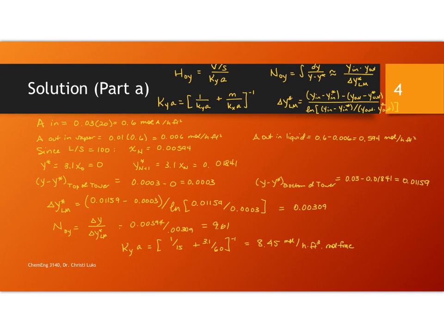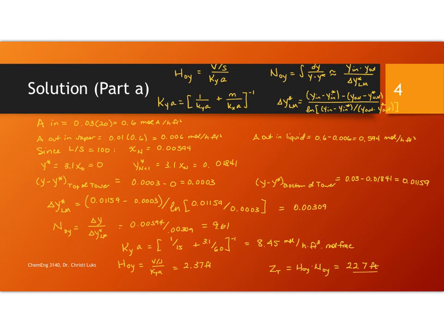Taking the reciprocal of my lowercase film coefficient kya, and the slope from the equilibrium curve over the kxa, add those together, take the reciprocal, I get 8.45 for my answer. And so HOY is equal to V over S over KYA, which is 2.37 feet. And therefore Z is the product of H and N, or 22.7 feet.